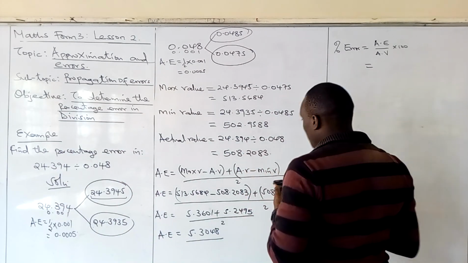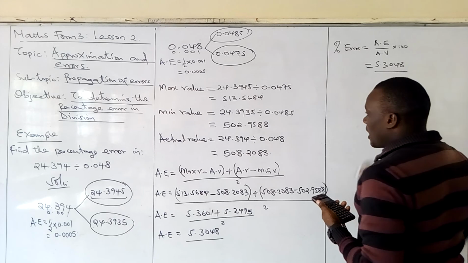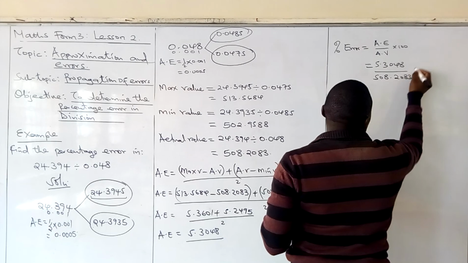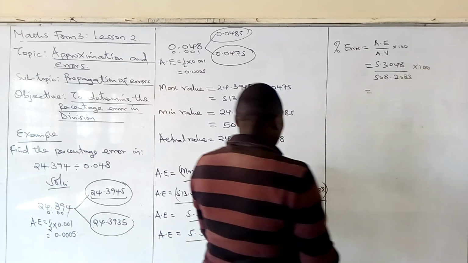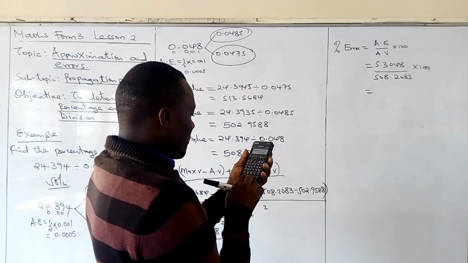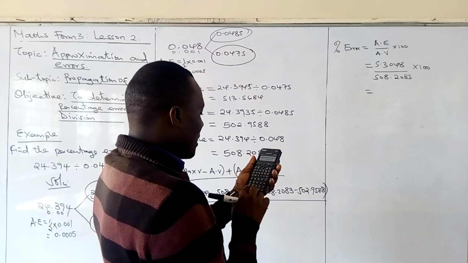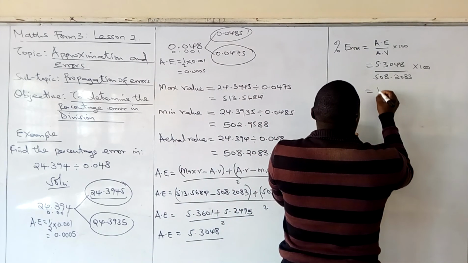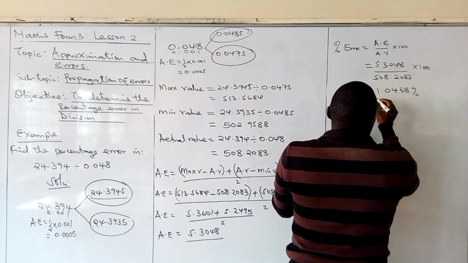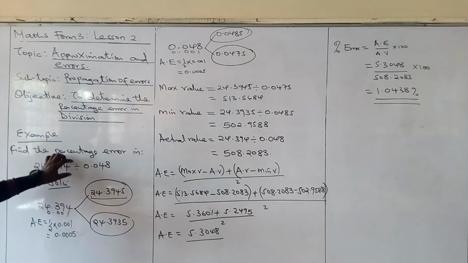This becomes 5.3048 divided by the actual value, 508.2083, times 100, which gives us 1.0438%. So that is the percentage error in dividing these two numbers.